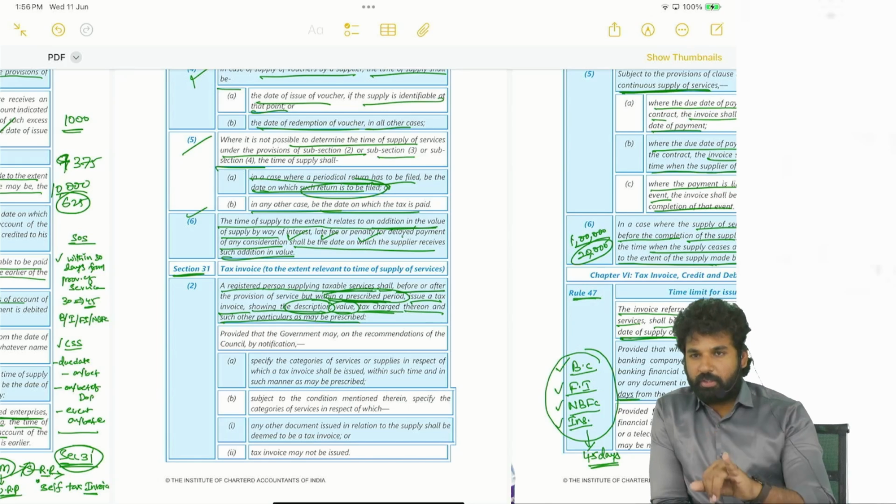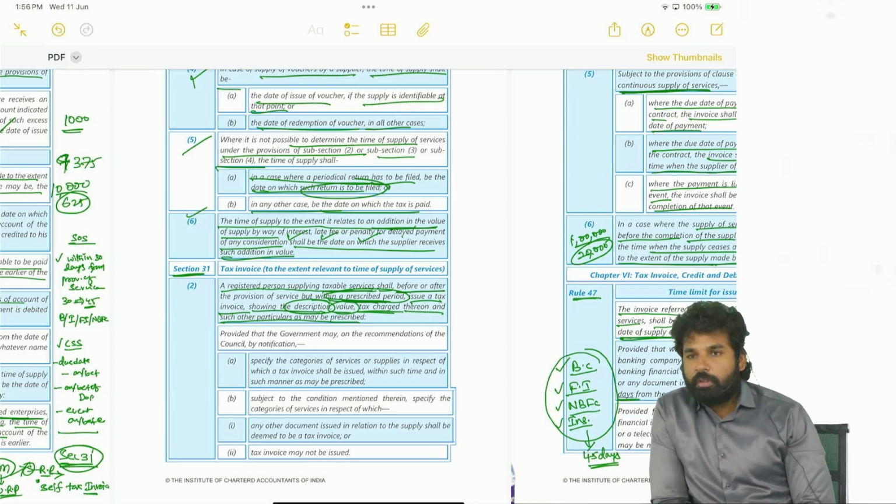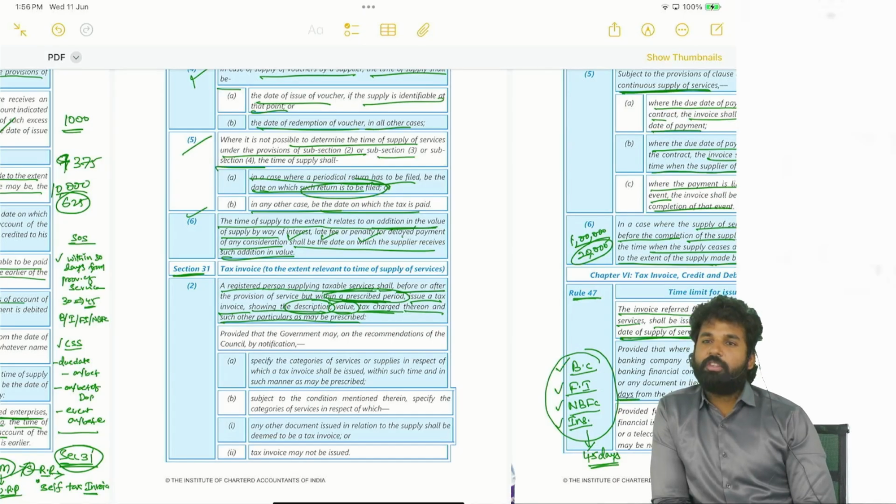Date of entry in the books of accounts or date of debit in the bank account or the 61st day, whichever is earlier. In case of vouchers, if the supply is identifiable, date of issue. If it is not identifiable, then date of redemption. Residual cases: when periodical returns are required to be filed, date of filing of returns.